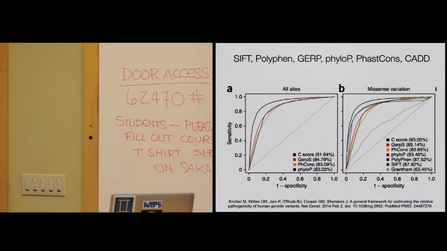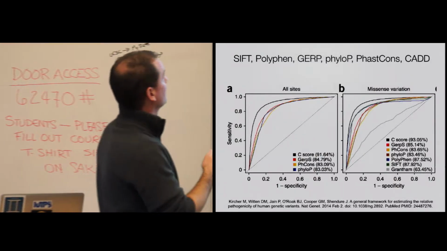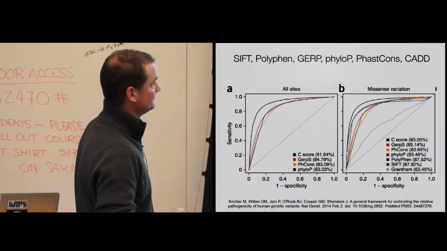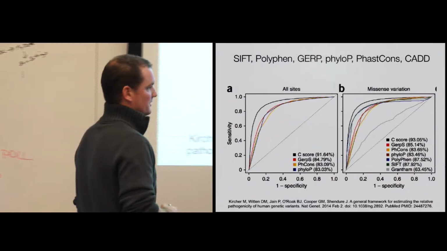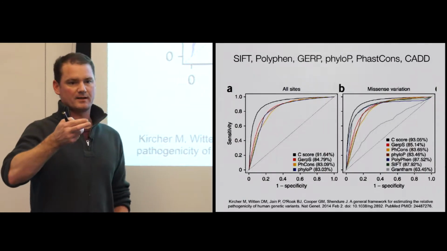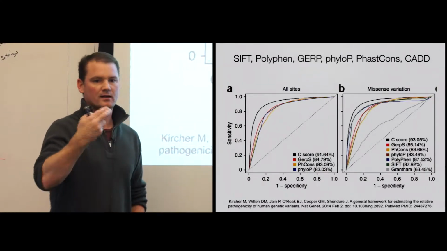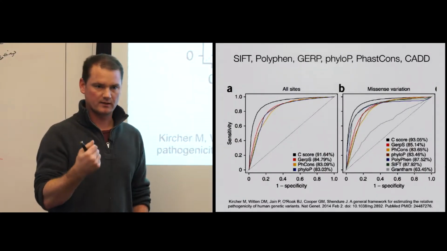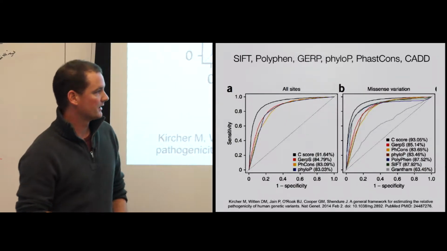There are multiple tools to do this. The most widely used are SIFT and PolyPhen. But basically the challenge is, you know there's an amino acid change, but how likely is that amino acid change to really disrupt the function of the protein?